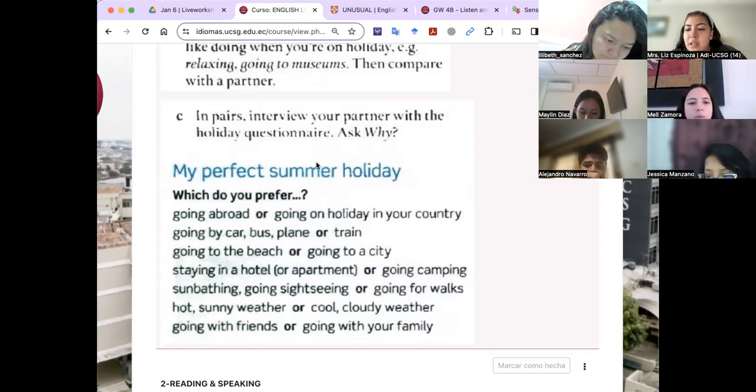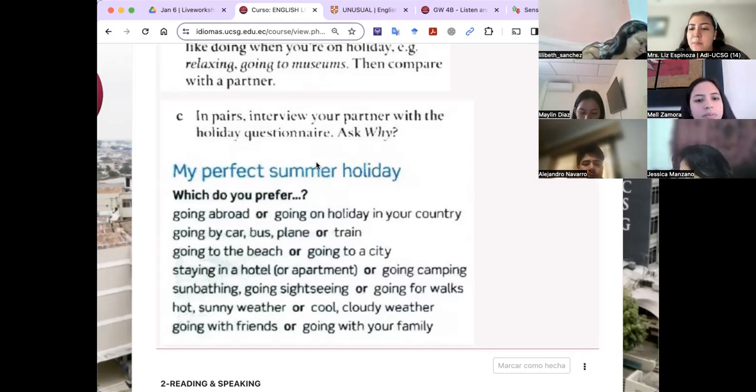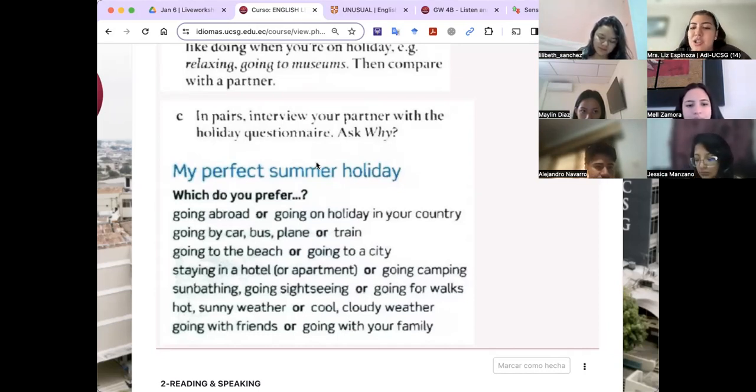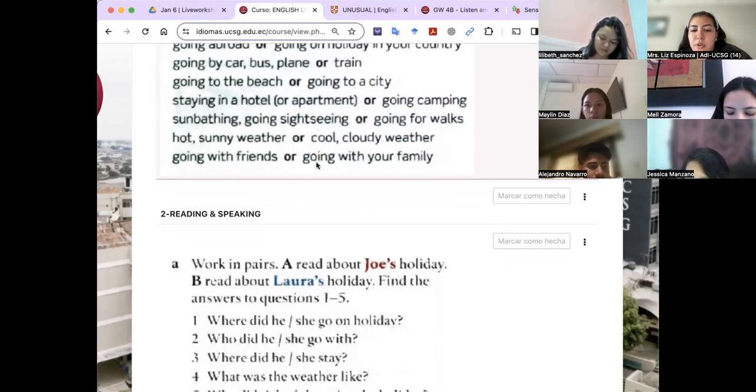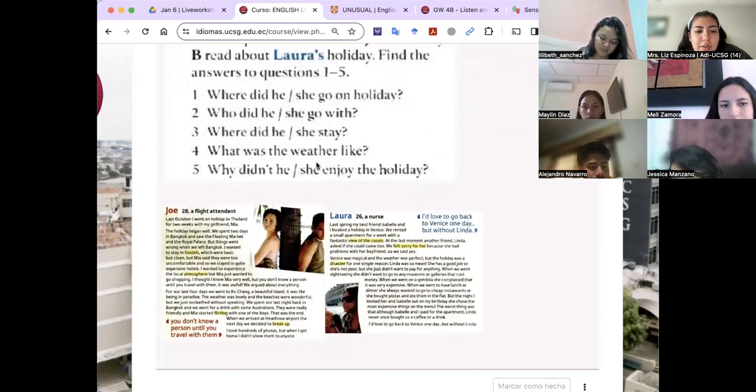Not in groups as almost every day, but in pairs. So you're going to ask, for example, Alejandro, which do you prefer, going abroad or going on holiday in your country? And Alejandro has to answer in English, and then I write his answers, right? But that is something you're going to do later on. So we're going to pause this activity. You're going to do it later, okay? So I'm not going to forget this. You'll do it later on.